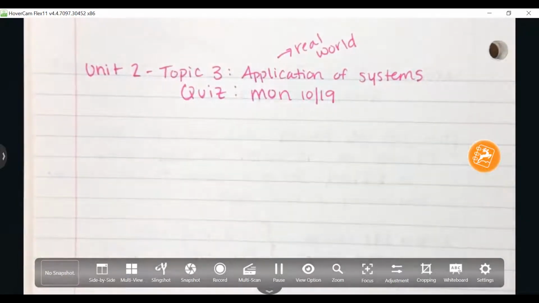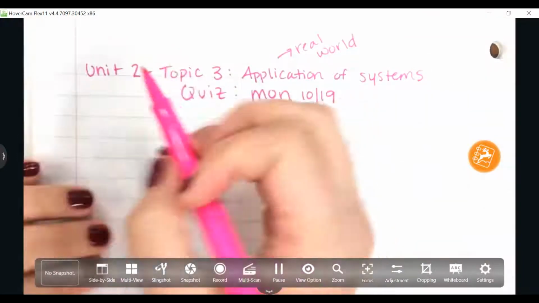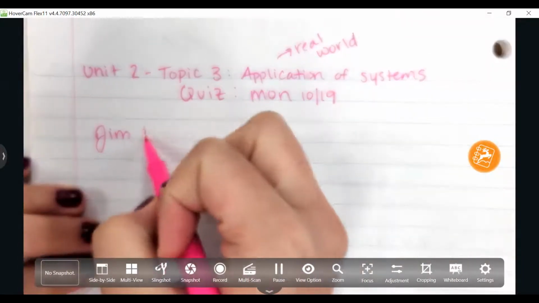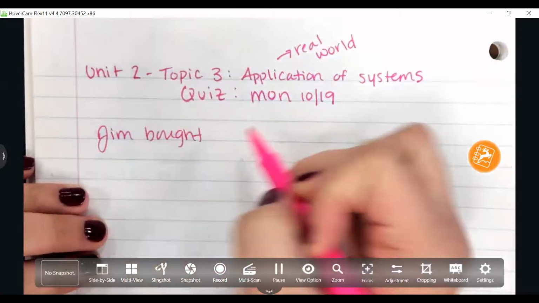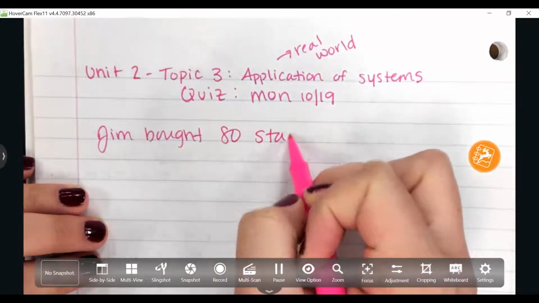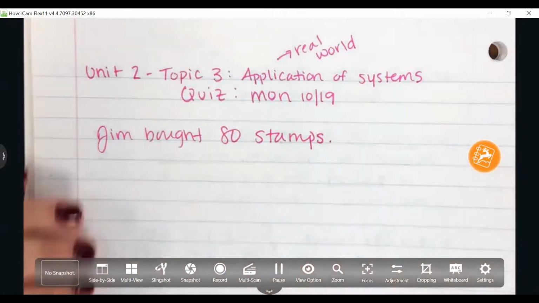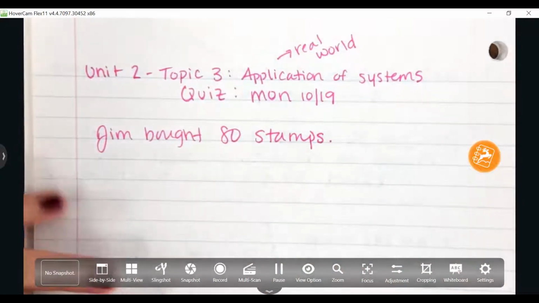We're going to write a very quick word problem, okay? And then we are going to use that word problem to create our equations. So, Jim bought 80 stamps.